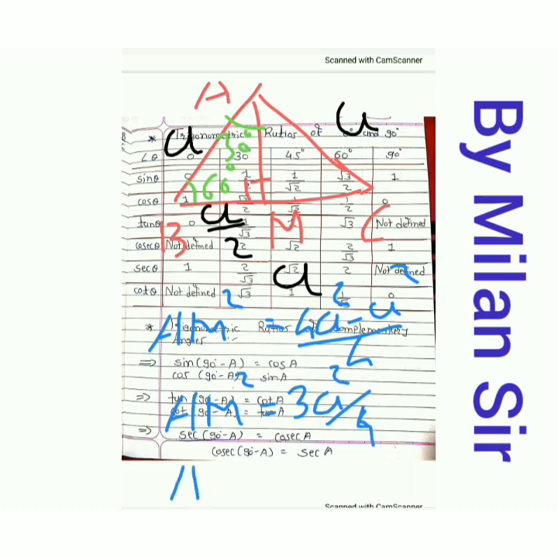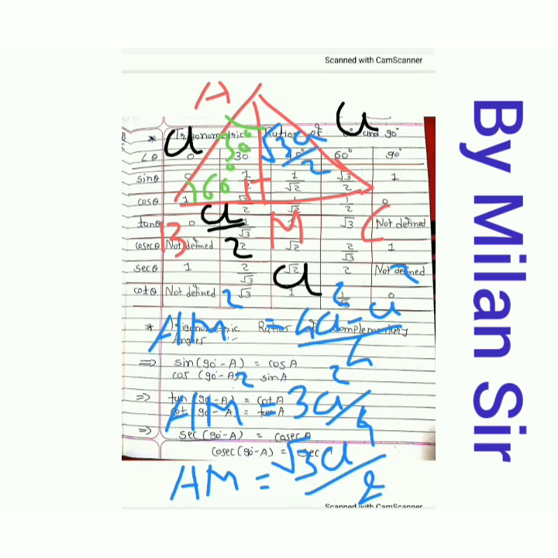Now take the square root. On the left hand side, the square root of AM square is AM. Square root of 3 is under root 3, square root of a square is only a, and square root of 4 is 2. So AM is equal to under root 3a by 2.